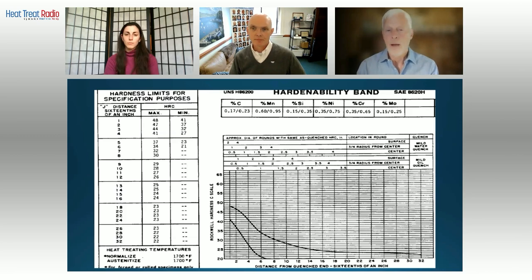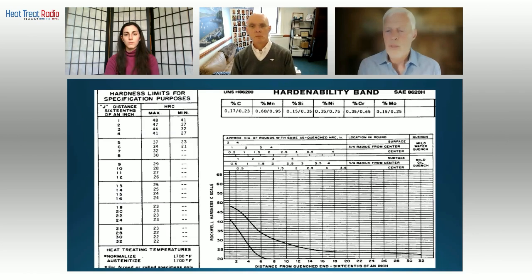At least in carburizing, if you understand what the hardenability of the material is, then you have a much better opportunity of taking multiple parts and putting them into a load and determining ahead of time whether or not you're going to have consistent results.